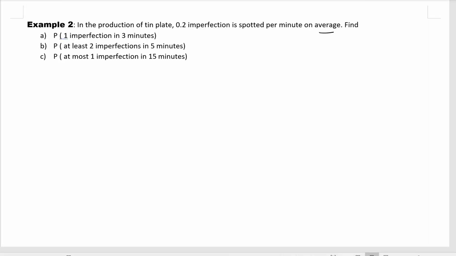You see the keyword on average, so that's alpha. Part A, find one imperfection in 3 minutes. Oh, so the t is 3 minutes. Okay, and so what is lambda? Alpha times t. So 0.2 times 3 is 0.6.